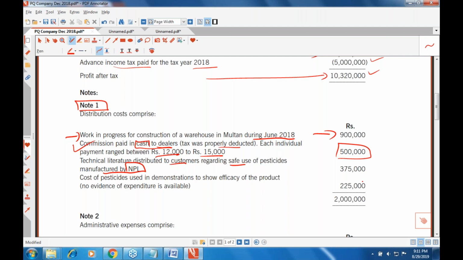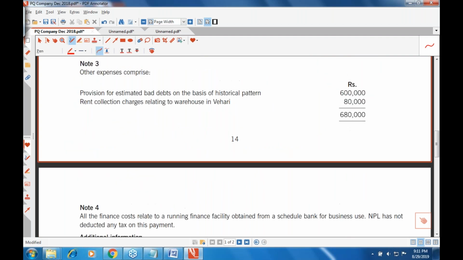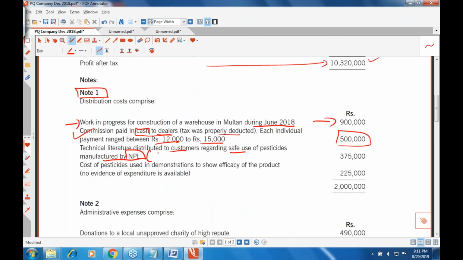The technical literature is given to the customer regarding the safe use of the pesticides, and we are not being told anything. So we can think about it as an intangible. If we think of it as an intangible, then it needs to be recognized as an asset and amortization needs to be done. Otherwise, if you think of it as a normal expenditure, then the expense is correctly claimed.